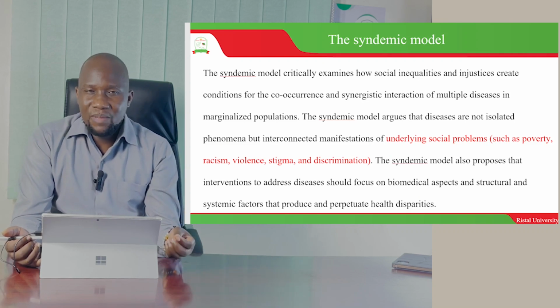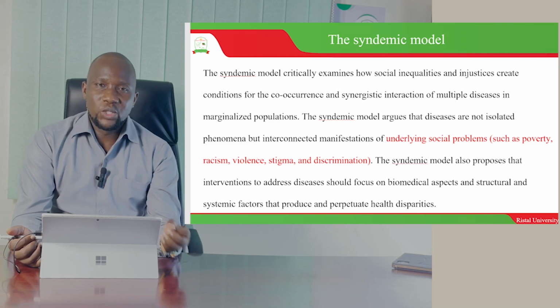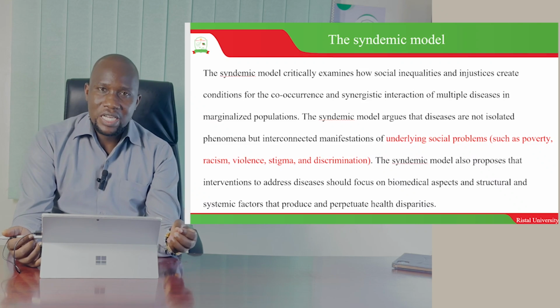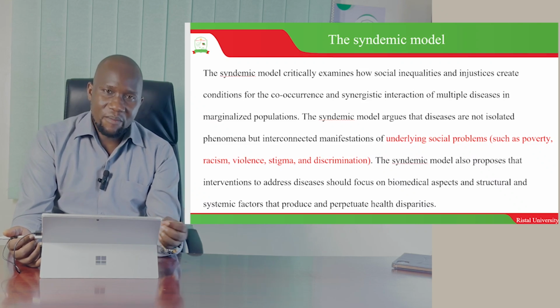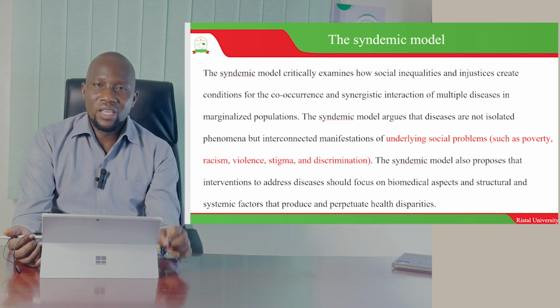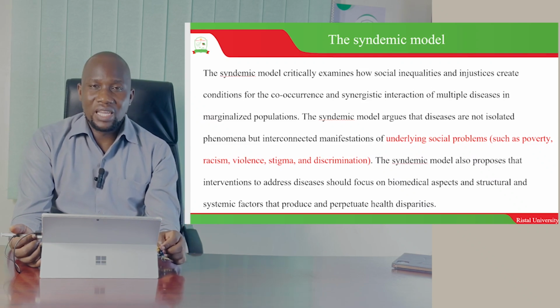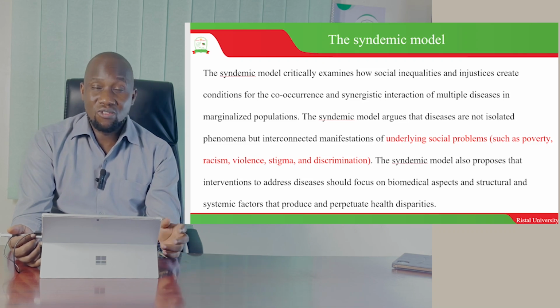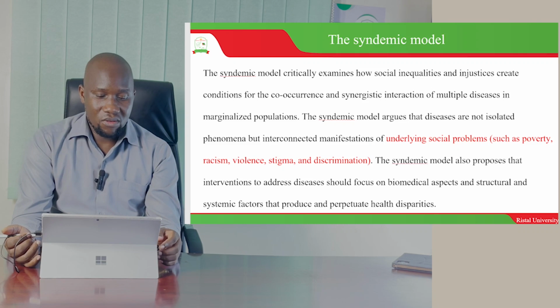So there is an element of injustice in a particular disease happening in a particular population. Diseases don't just emerge from nowhere, they emerge because of some people being left behind, marginalized communities. We can call them disadvantaged communities or communities of low socio-economic status.